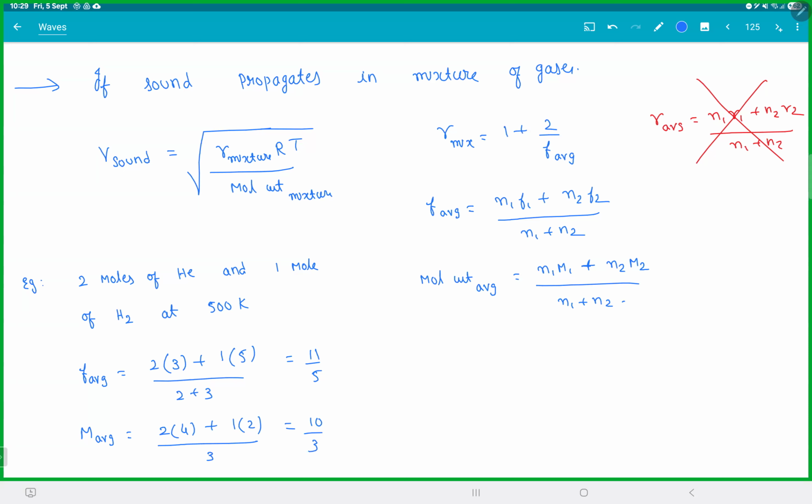Substitute there, you'll get the answers. Again, remember this is 10 by 3 times 10^-3 kg per mole. So if they give you a mixture of gases, you use the gamma average and molecular weight average. Clear?